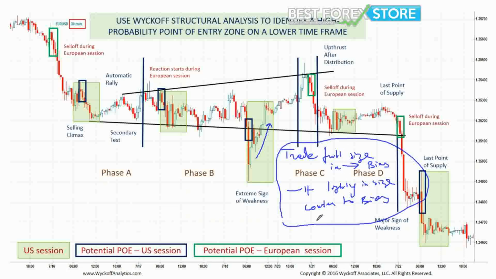Now, there is an exception to this. An exception is going to be if your bias changes because of the intraday structure. So what do I mean by that? Let's say that somewhere here there is a trading range, and then you see that there was maybe a phase C right here, a potential phase C, and that the price might have a sign of strength.